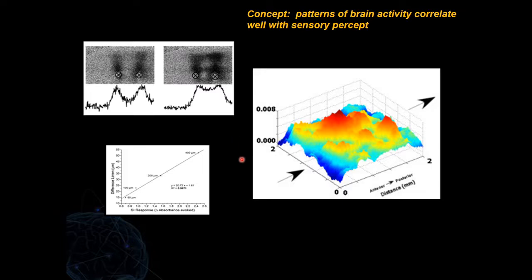And what we did was we started doing a series of experiments where we looked at the different patterns that we saw in the brain to different types of stimulus conditions. And we looked at how those different stimulus conditions generate different sensory percepts in humans. Basically, these patterns are very high resolution.